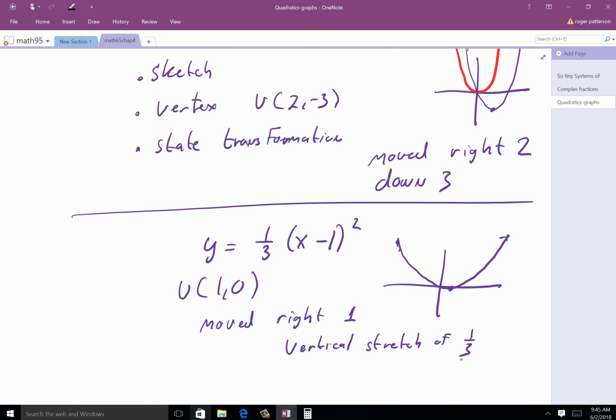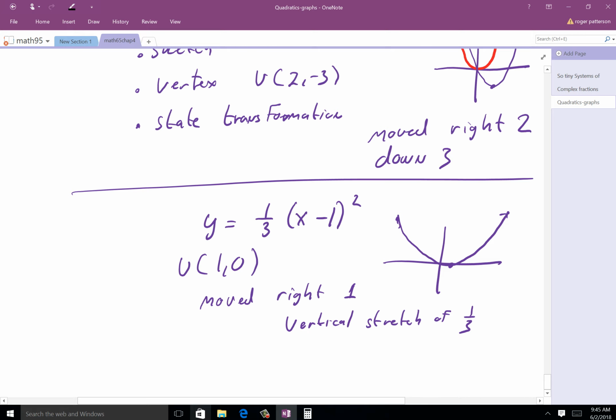Gets wider. Great. I mean, that's what we want you to know how to do. You don't have to verbalize it in all this mathematical stuff. If you understand it, that's all that counts. Okay. So that's those problems. Questions on those ones? I mean, vertex and sketch, I feel like you guys can really hammer that.